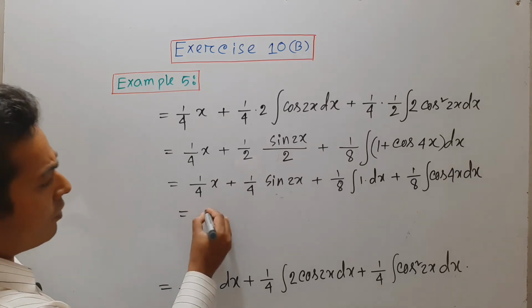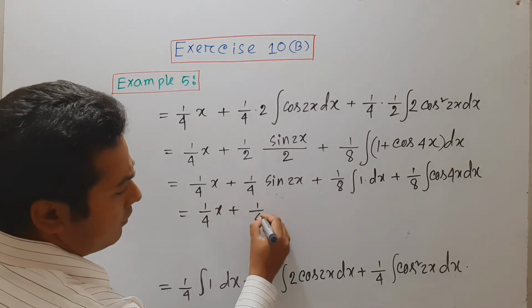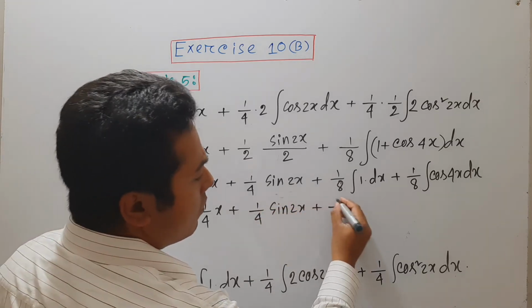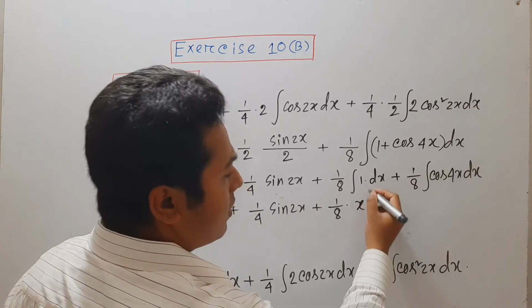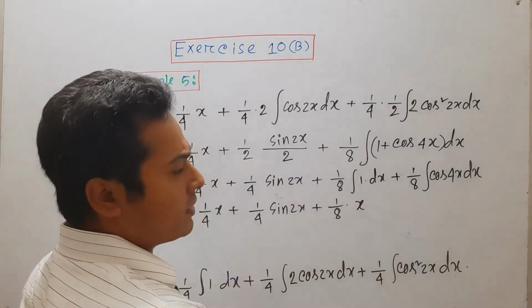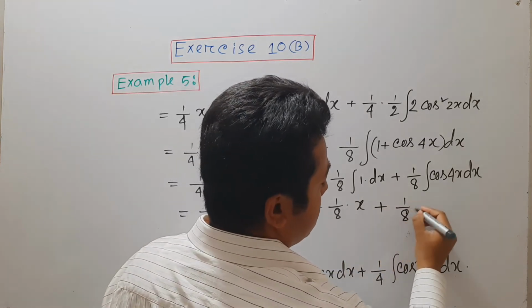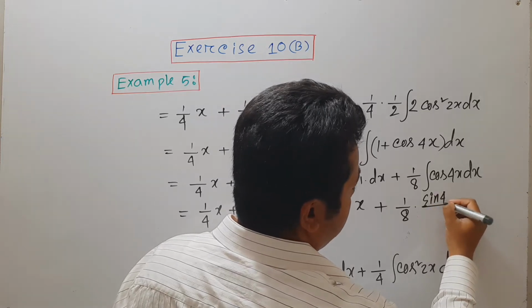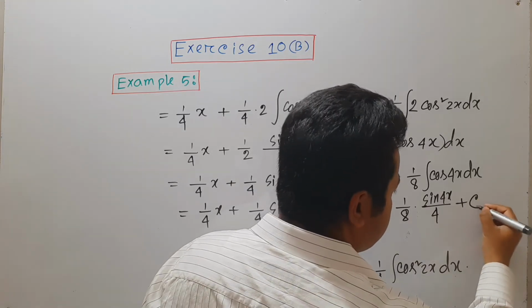Okay, then 1 by 4 into x plus 1 by 4 into sin 2x plus 1 by 8 into x. Integration of dx is equal to x, plus 1 by 8 we can write it sin 4x divided by 4 plus c.